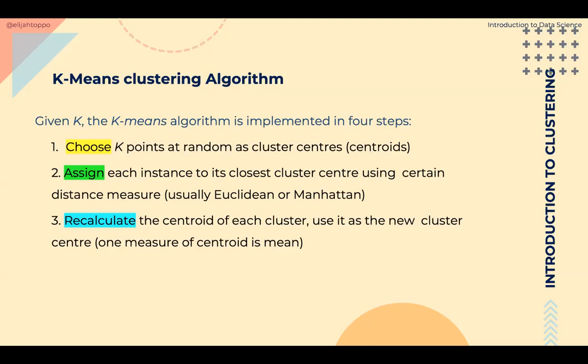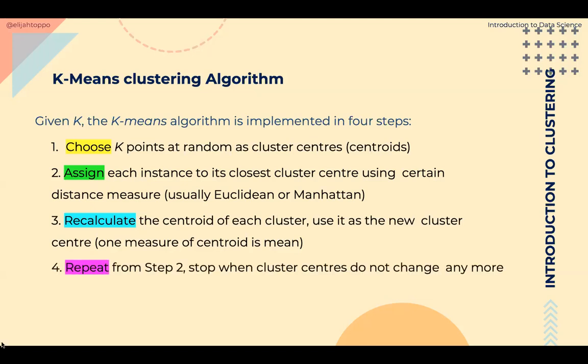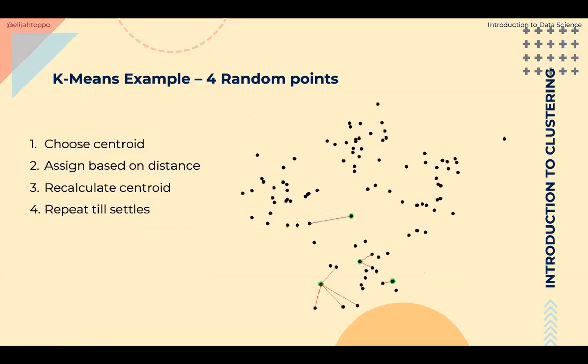With that new cluster centroid, we'll go back to step 2 and assign another set of data points into that cluster. We will keep doing that till the cluster centers don't change anymore. Once they don't change anymore, we know that we have found a stable cluster definition.